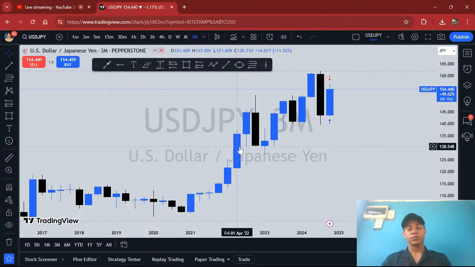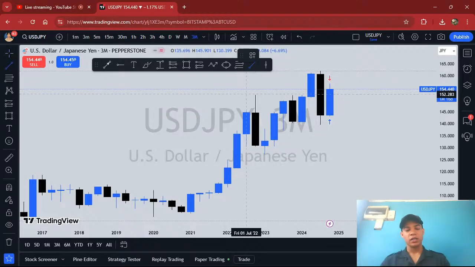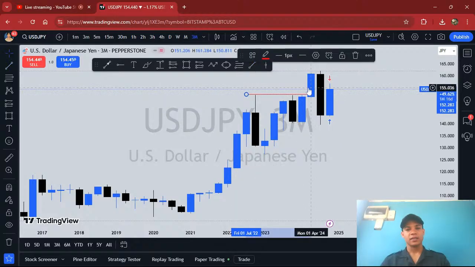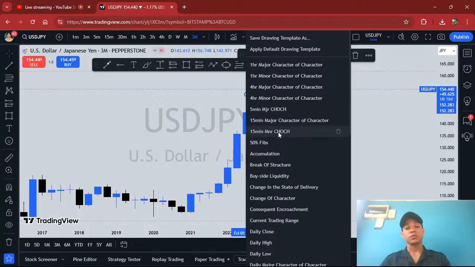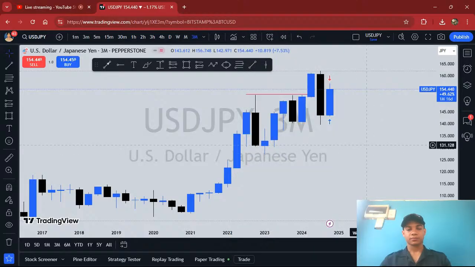Recent structure that was broken on the monthly chart was this area right here, these relatively equal highs. These served as a magnet for price to pull towards. And right now we are pushing into this order block right here on the 3 monthly chart.